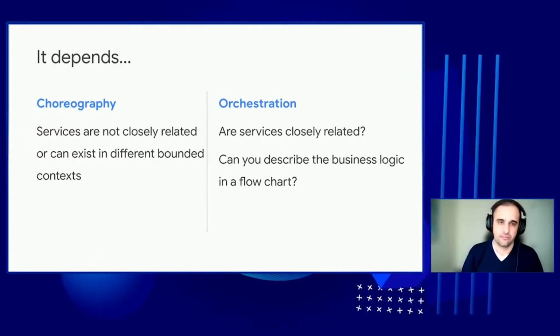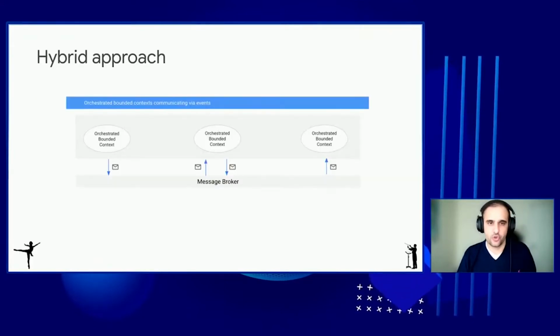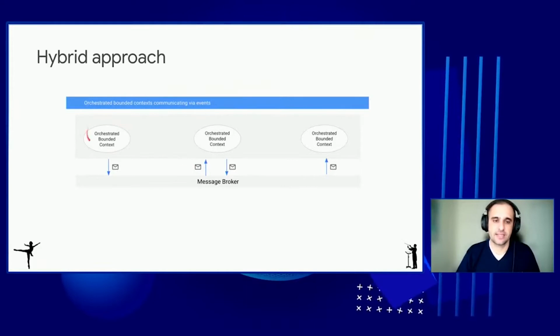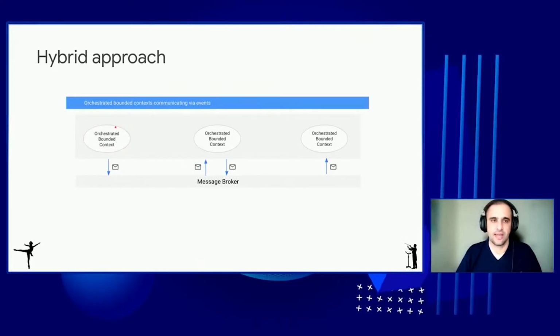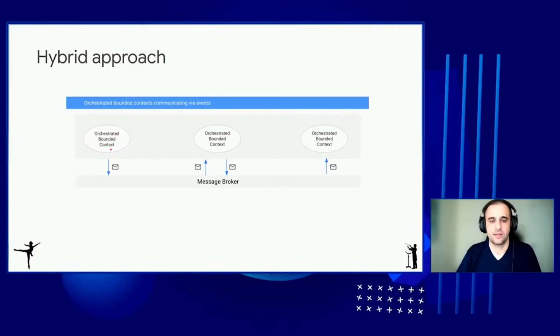So these are the main things I look for when I'm thinking about architecture. Of course, you don't have to choose. You can also combine the two. For things that make sense to be orchestrated, you can put them in an orchestration, and then maybe at the end of that orchestration, you can signal other orchestrations using eventing, right?